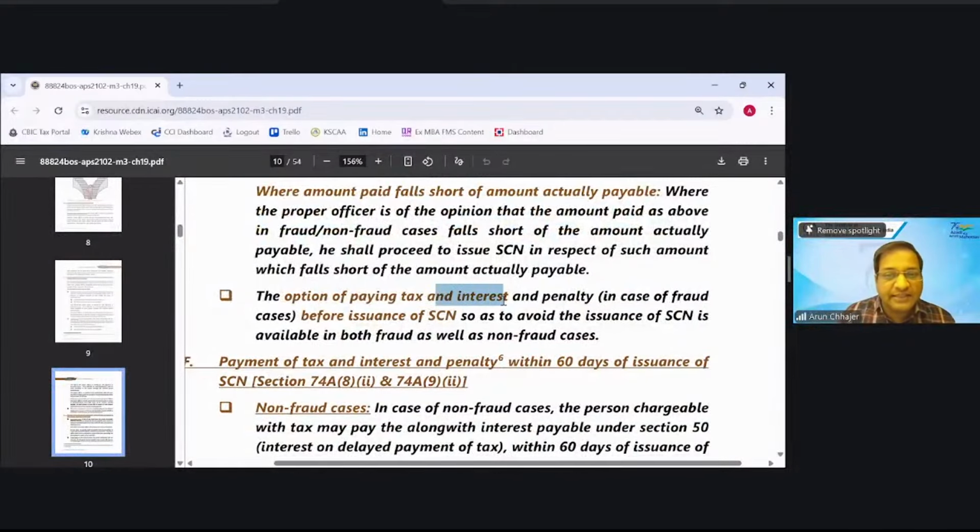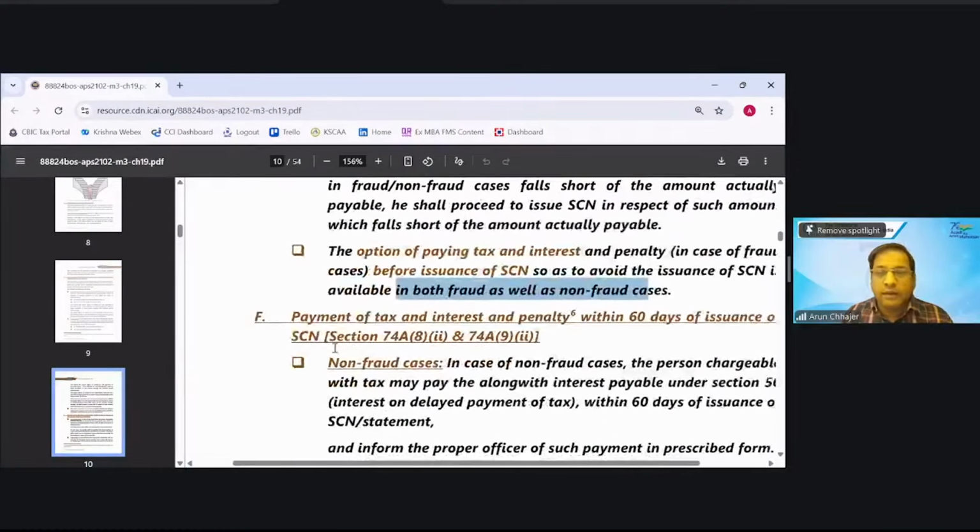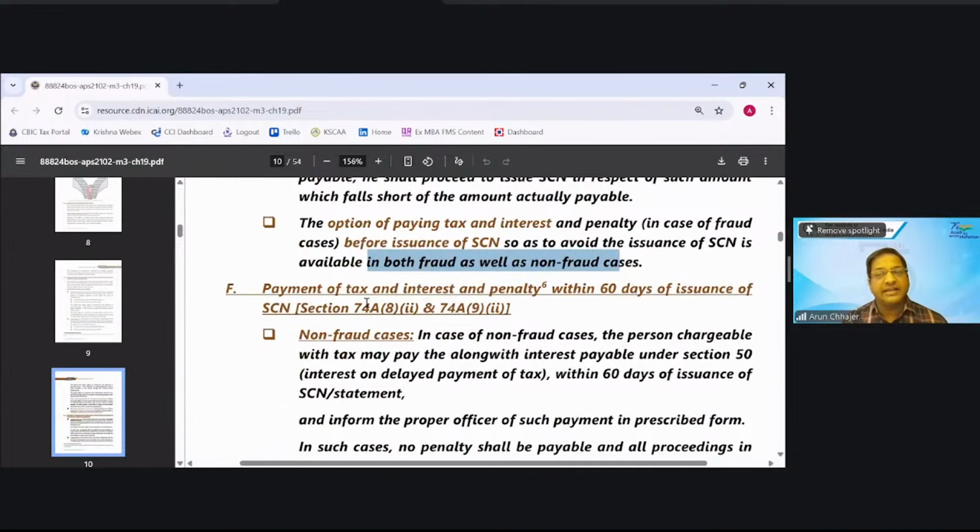Option of paying the tax and interest and penalty before SCN, so as to avoid the issuance of the show cause notice, is available in both fraud and non-fraud cases. अब हम बात करें payment of tax and interest and penalty within 60 days from the issuance of the show cause notice. In case of non-fraud cases, the person chargeable with the tax may pay along with interest under Section 50 within 60 days from the issuance of the show cause notice or statement.